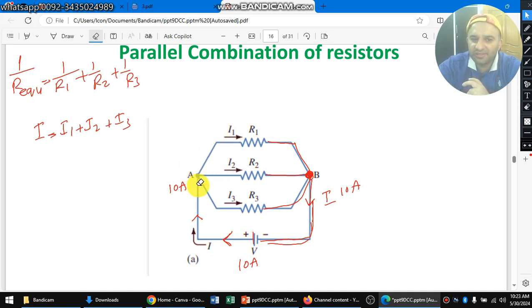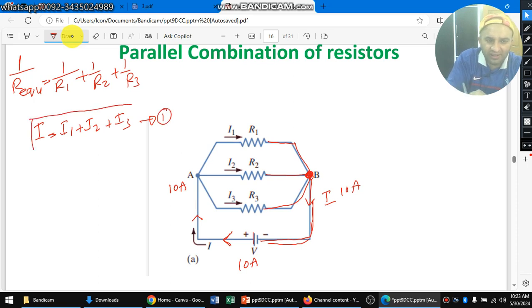In other words, the left ends are connected to the same potential and the right ends are connected to the same potential. It means that potentials V1, V2 and V3 are the same. So the current divides, I equals I1 plus I2 plus I3, but the potential does not divide. V1 equals V2 equals V3 equals V.